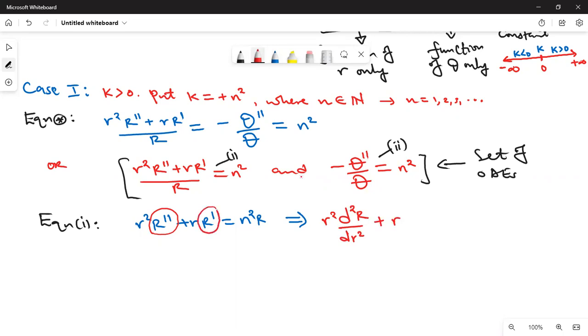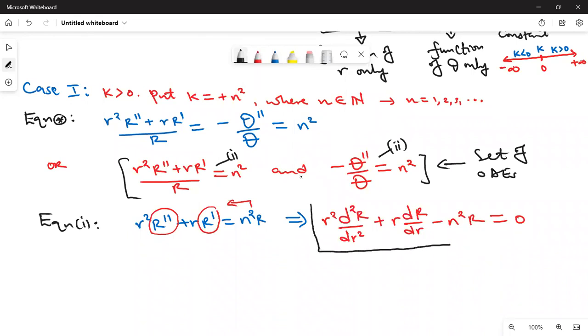Then I take this to the left-hand side, so it will be negative n squared times R, which should give us 0. Now look at this equation.